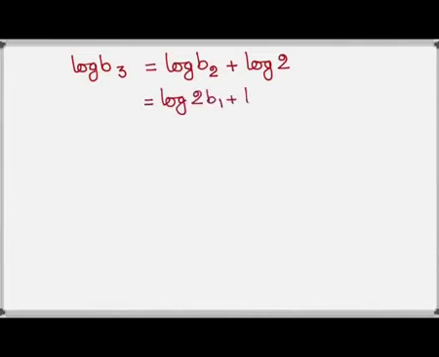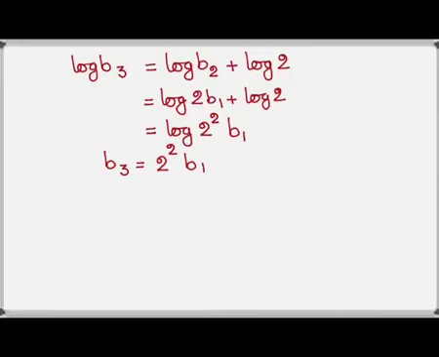So we are getting that log of b3 is equal to log of 2 square b1. Again we take exponential on both sides and we get b3 is equal to 2 square into b1.